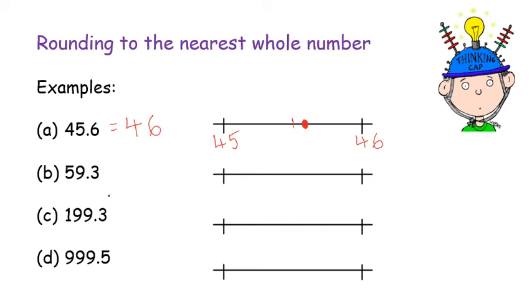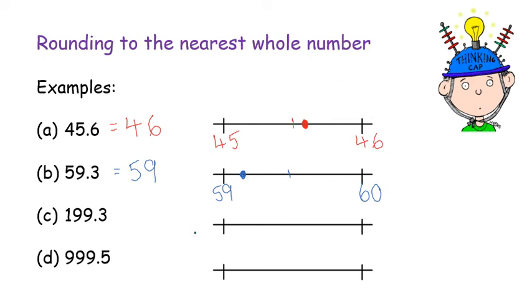Now let's have a look at the next example, 59.3. So 59 or 60 is what we need to decide. But 59.3 is actually a lot closer to 59. So we would keep this the same. 199.3.